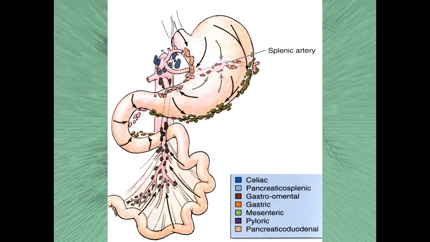Very interesting and very important is the lymphatic drainage from the stomach, and also knowledge about the blood supply is very useful. As you remember, at the lesser curvature of the stomach, the anastomosis between the left and right gastric arteries is formed, and corresponding groups of lymphatic nodes are present: left gastric lymph nodes and right gastric lymph nodes.